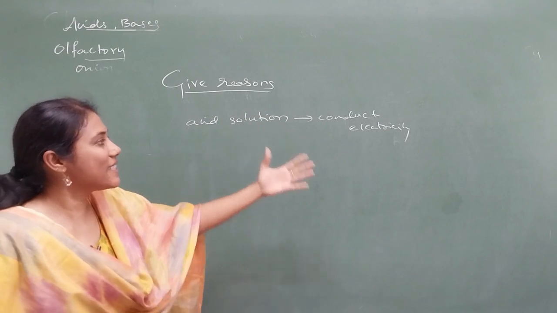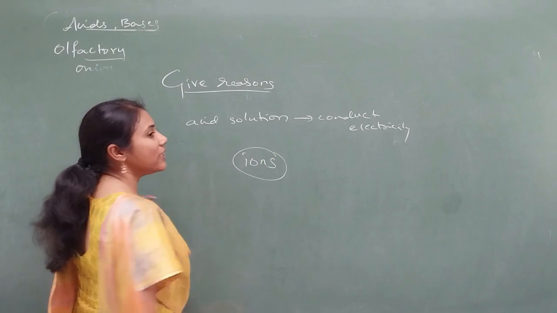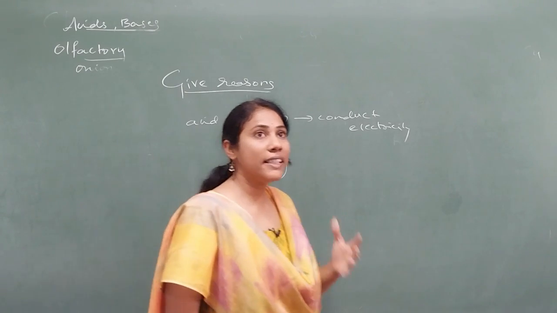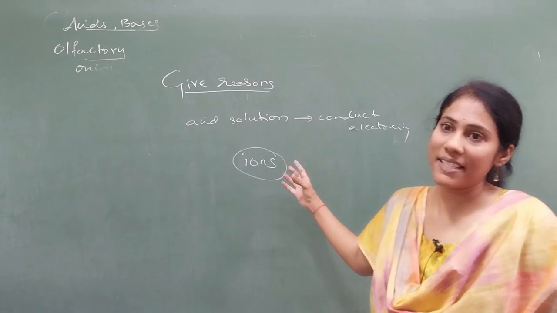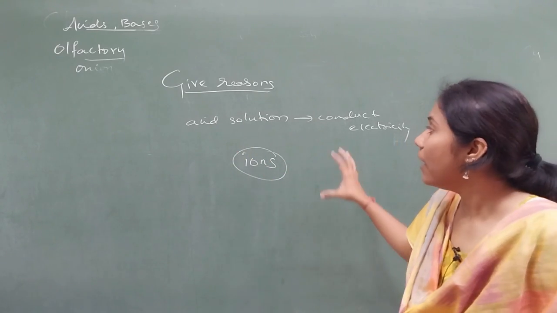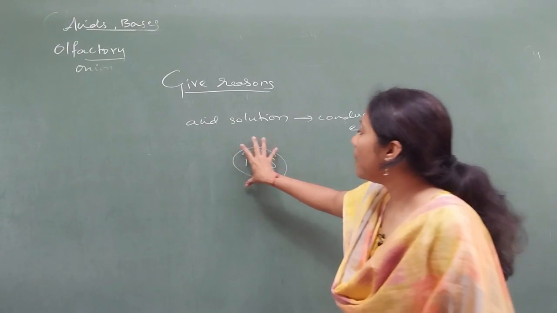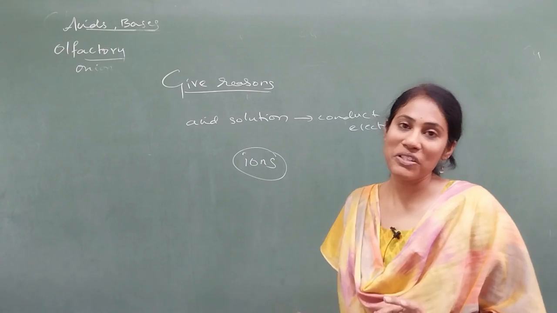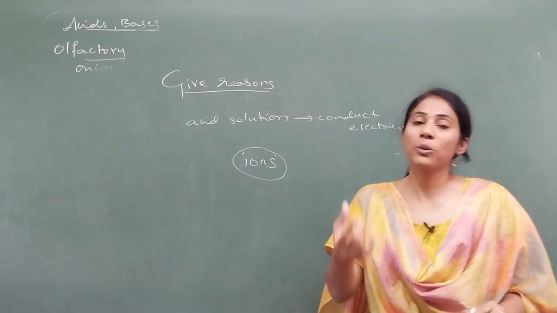Acid solution conducts electricity because you have lot of ions. So majorly for all the give reason type of questions relating to acidic character, basic character and salt character, the common answer will revolve around ions only. So you see that in your answer, that keyword ion should be there.